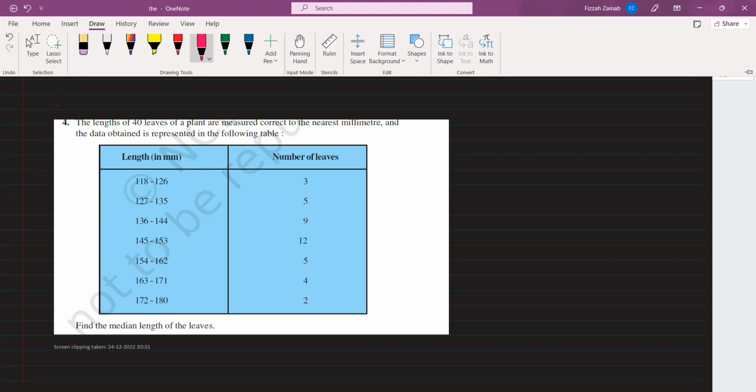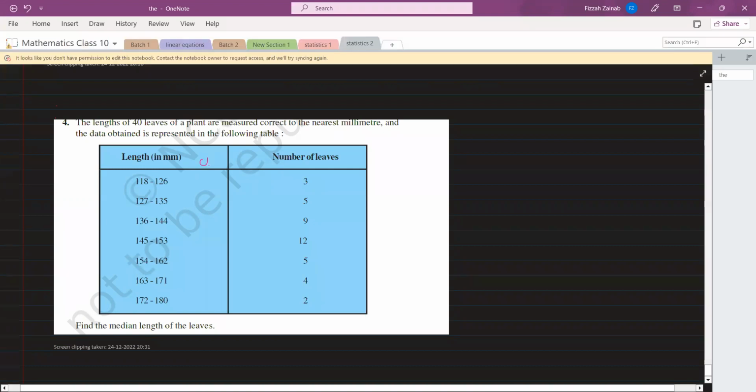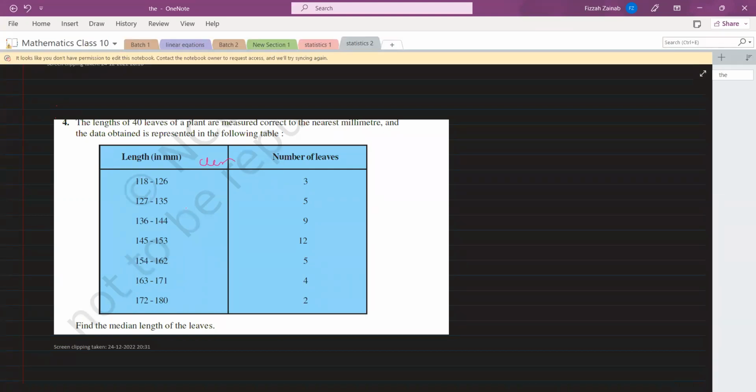Okay, so in the next column you will make the new class interval. 118 minus 0.5 will become 117.5. Understand? 117.5, right? Then 126 plus 0.5 will become 126.5.